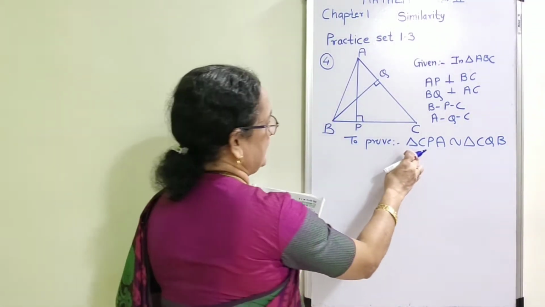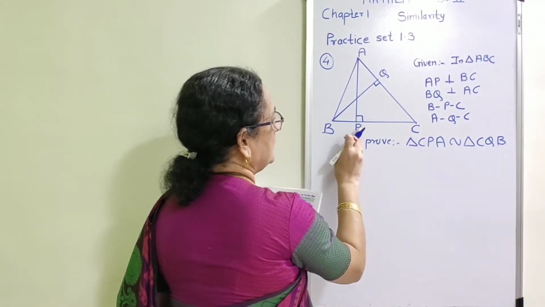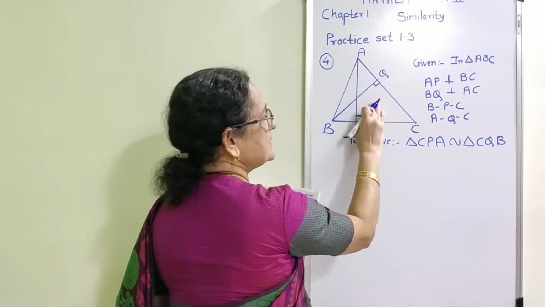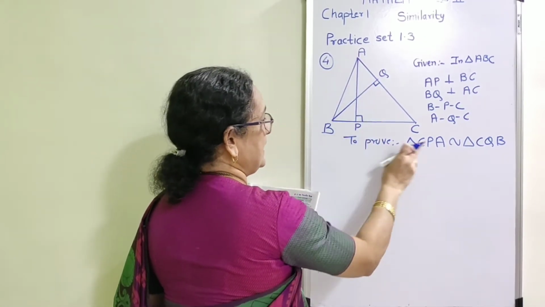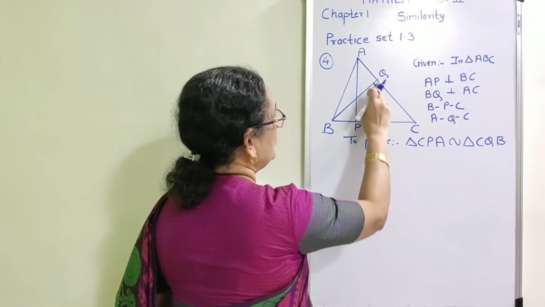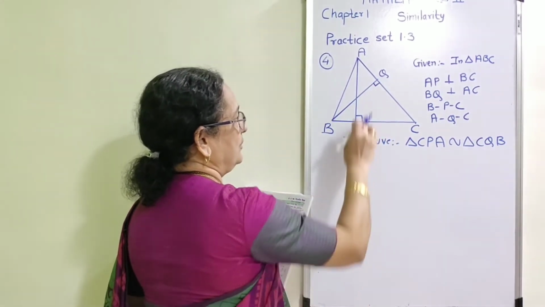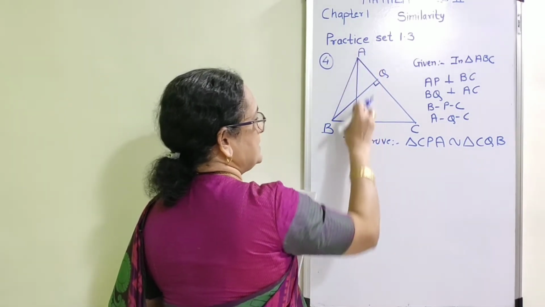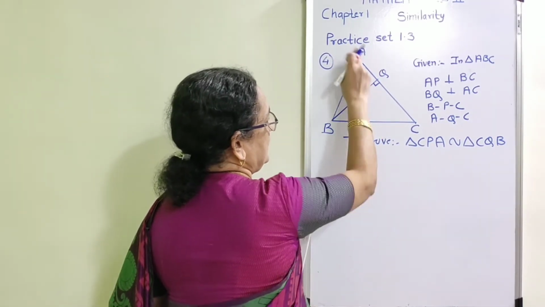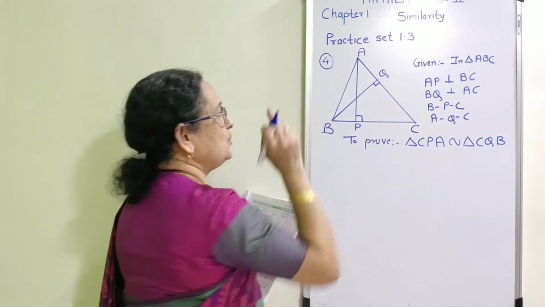Where are these two triangles? C, P and A, this right angle triangle, as well as C, Q and B, these right angle triangles. Now you are going to consider first of all CPA as well as CQB.